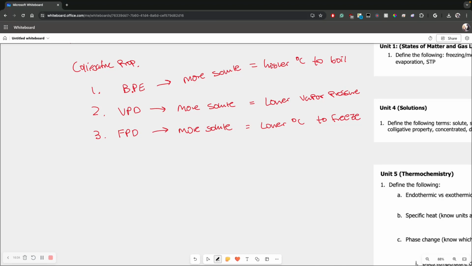It's not bad. It's just memorization. If you understand the concepts of solutions and how that works, you're probably going to be fine for the test. Last but not least, we have to talk about concentrated versus dilute. Concentrated, you're going to have more solute per solvent, higher molarity.